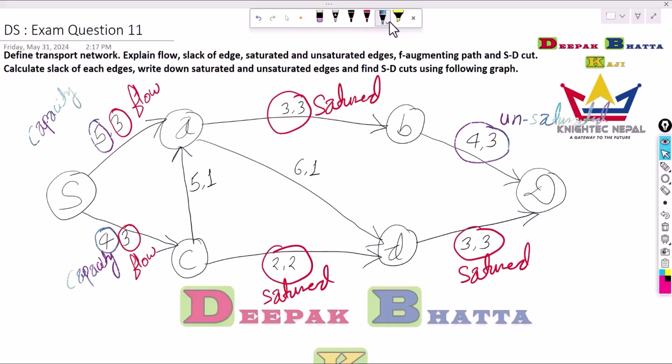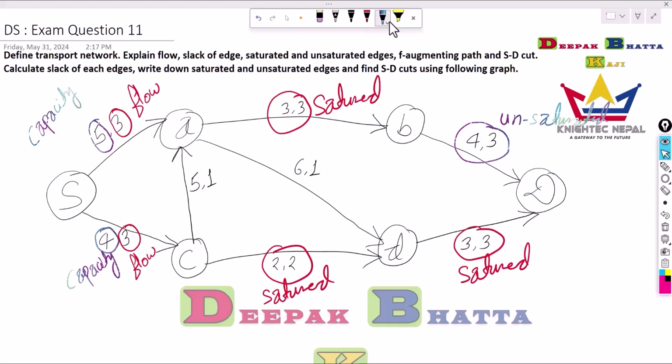I already told you the first one is capacity and the second one is flow. So the capacity value must be greater than or equal to the flow value. So here our value is 5, which is greater than 3. So 5 is capacity and 3 is flow. Likewise, this 6 is capacity and 1 is flow.